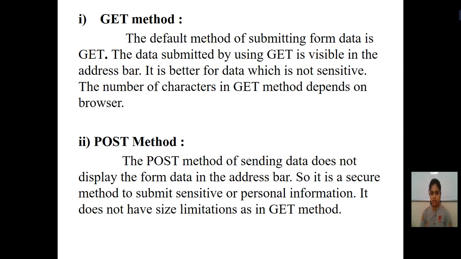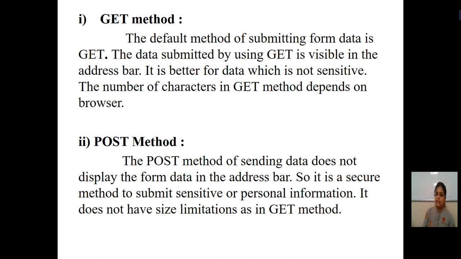Whatever data is submitted by using the get method is visible in your address bar. That means the data you are sending is not very sensitive, and the number of characters depends upon what type of browser you are using.